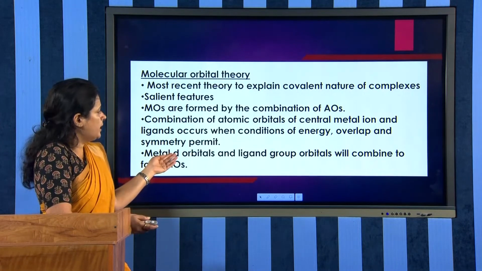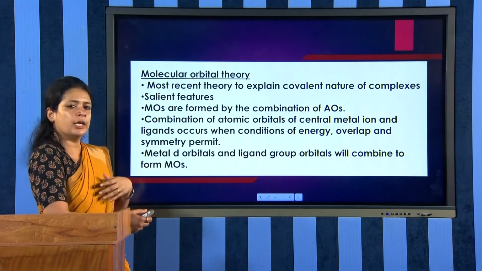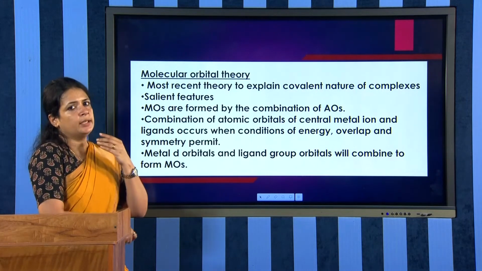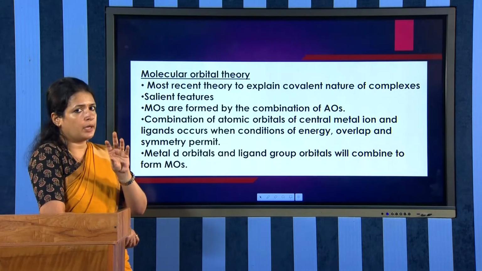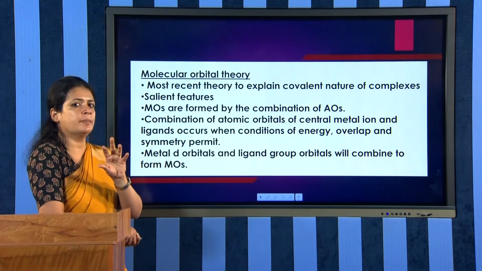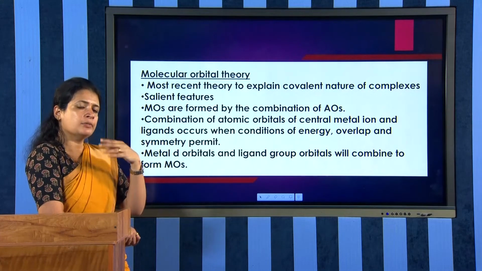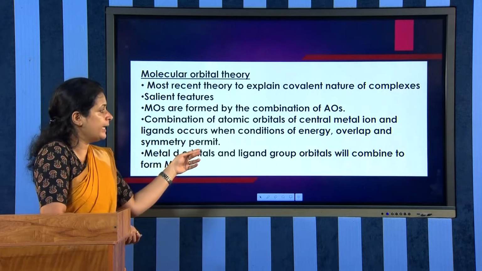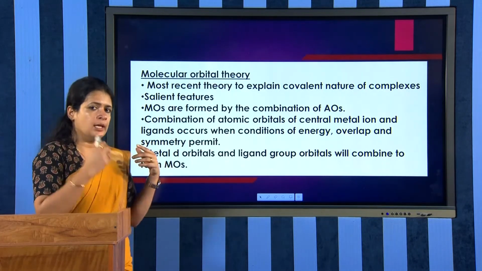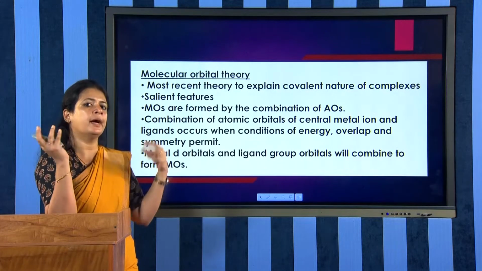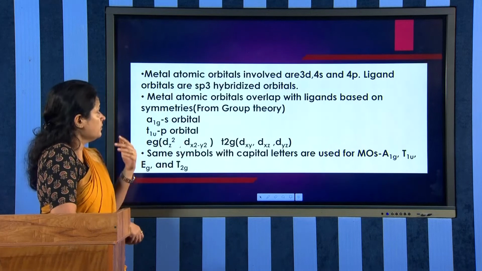The metal d orbitals and ligand group orbitals will combine to form molecular orbitals. The central metal ion has atomic orbitals, and the ligands are collectively called ligand group orbitals, LGOs. These LGOs will combine with the metal orbitals to form the molecular orbitals.